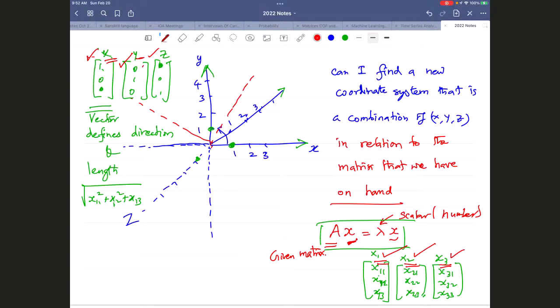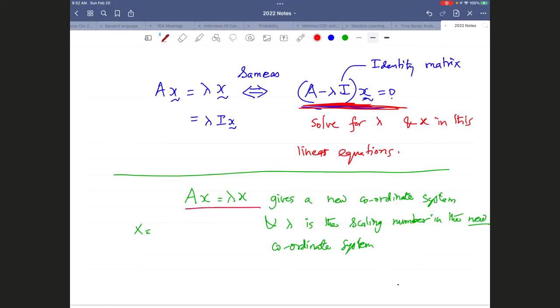This equation will give us 3 lambdas to estimate, in addition to the corresponding x vector values.